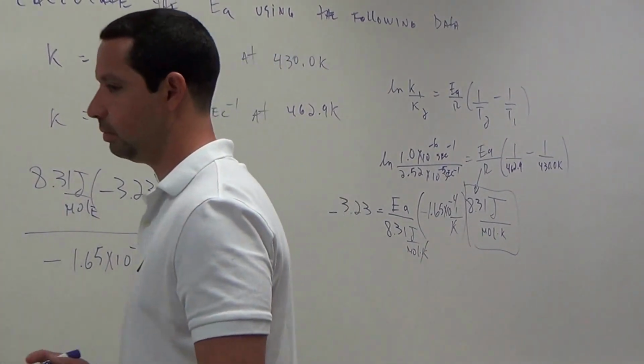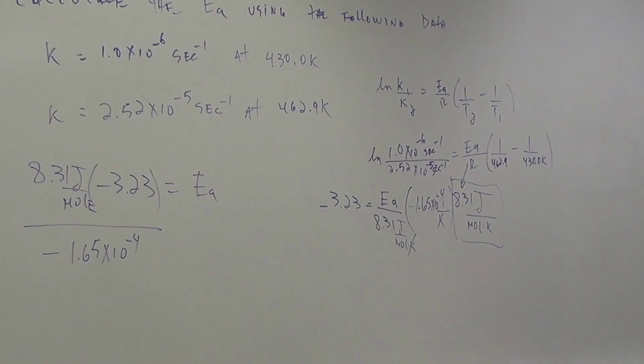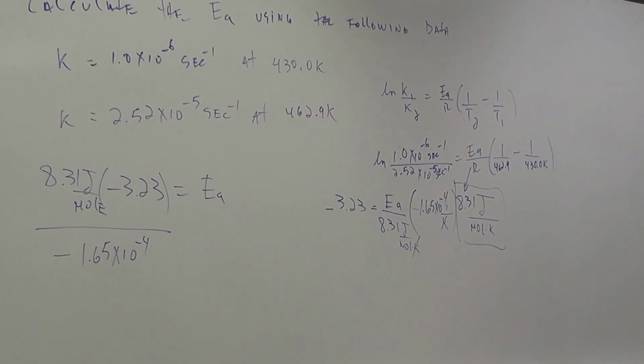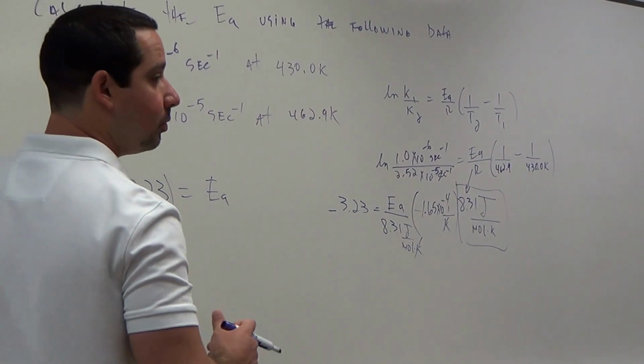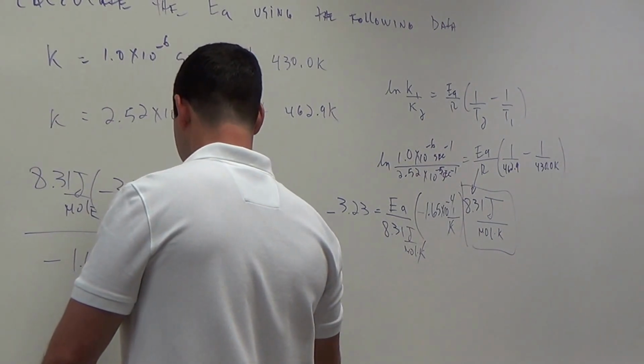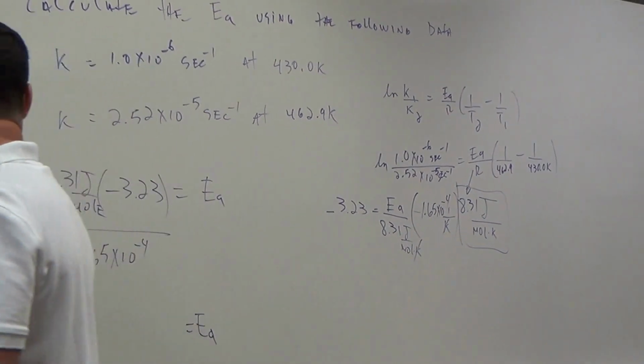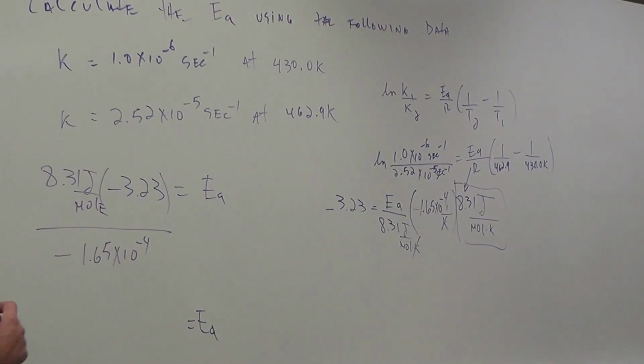What does that give you? Positive or negative? Same number, yeah. Yes, it's positive. So multiply 8.31 times that, divided by that.